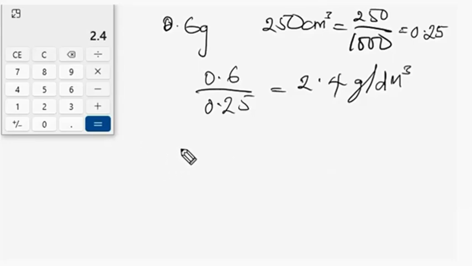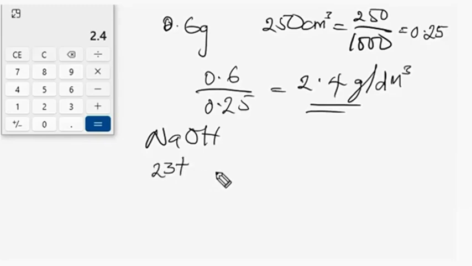So the mass concentration we've already got in here, and the molar mass we can simply calculate. So remember, the compound here is sodium hydroxide. Sodium hydroxide is NaOH. So to find the molar mass, that's the atomic mass of sodium, which is 23, plus atomic mass of oxygen, which is 16, plus atomic mass of hydrogen, which is 1.